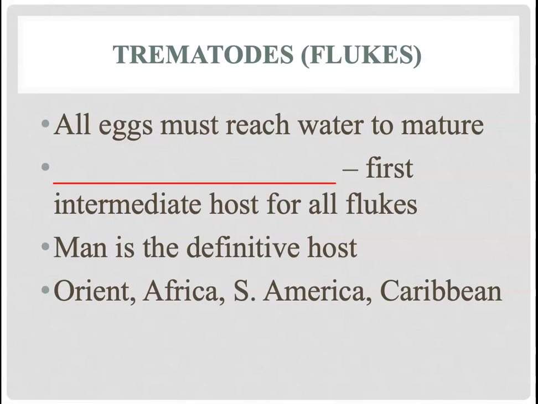And if you remember from your definitions, the intermediate host is where the larval stage or the asexual reproductive stage occurs. So for all of them, it's a snail. There has to be a snail involved for all these organisms to continue their life cycle. And then man is the definitive host, meaning where the adult and/or sexual reproductive stage occurs.